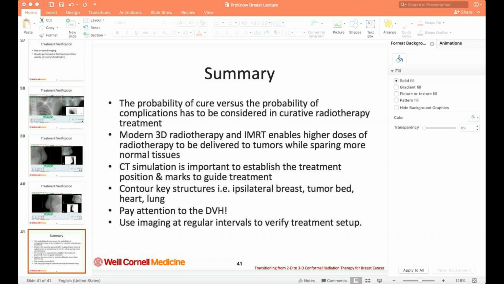The long part is the planning process. To throw on fields and to do the calculations can take a few days. And then you also have to allow physics to do their treatment plan approval. So you need more resources, you need more time. Usually we tell patients from the time that they've done their CT scan, they should give us about 1.5 weeks before they can start treatment.